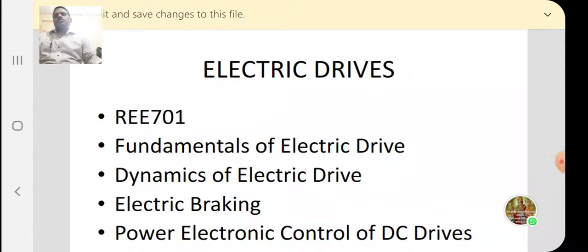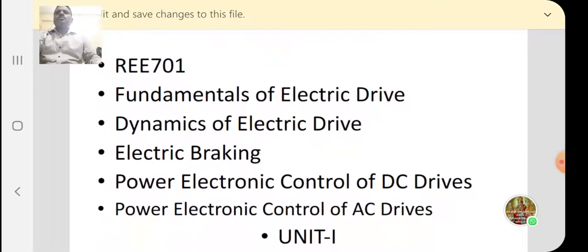Today we are going to discuss electrical drives. In electrical drives, there are five units, which are shown in this PPT. The first is the fundamentals of electric drives. The second is dynamics of electric drives. The third unit is electric braking.